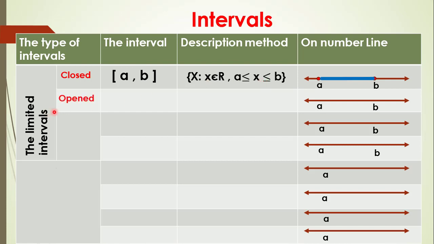Also, it can be open, like here, a and b, an open interval. In the same way, I can write it using the description method, but without "or equal", because here a and b don't belong. So, x is greater than a and less than b. And that also means the two circles will be open.